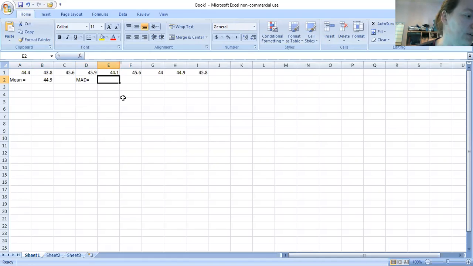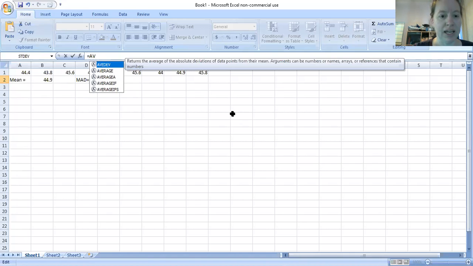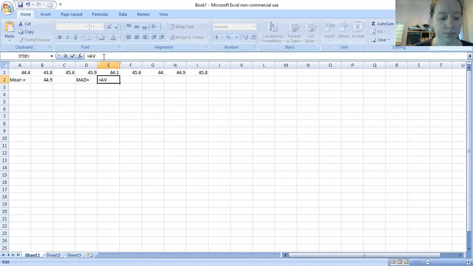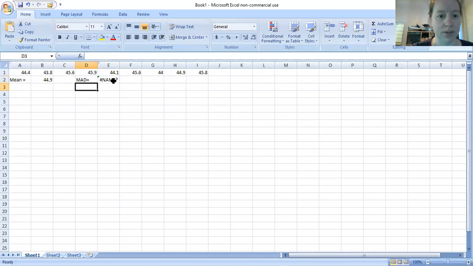Okay, now in order to get that one, up here I'm going to type in equals average deviation. And see, it popped it up right there. Equals average deviation. I'm not sure why it's not just letting me do that. Average deviation.